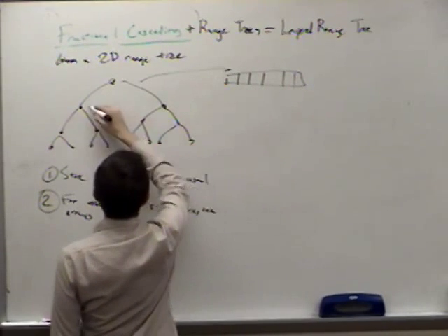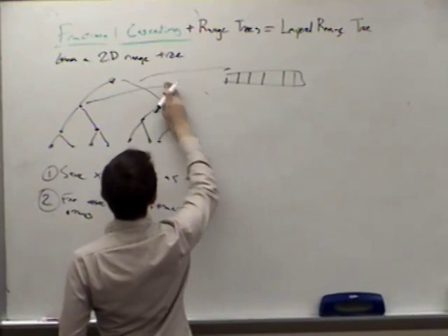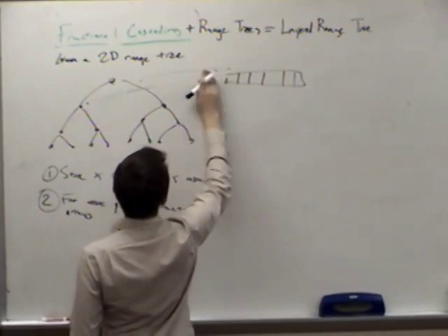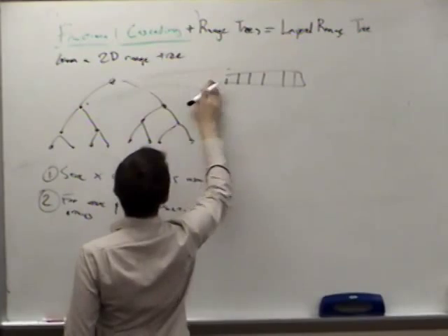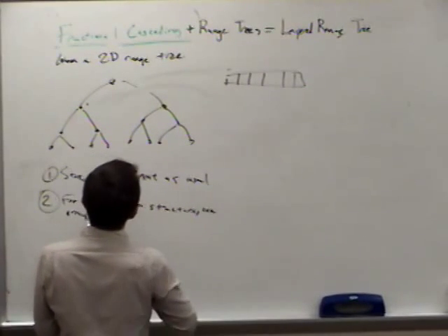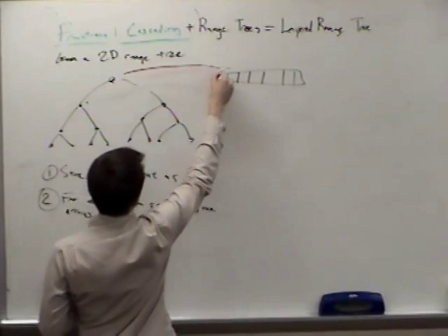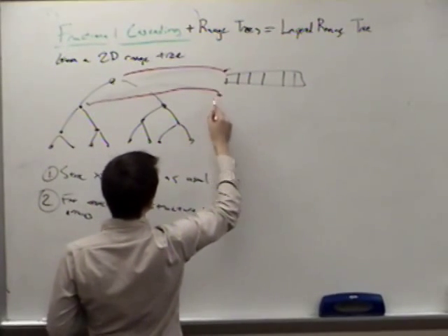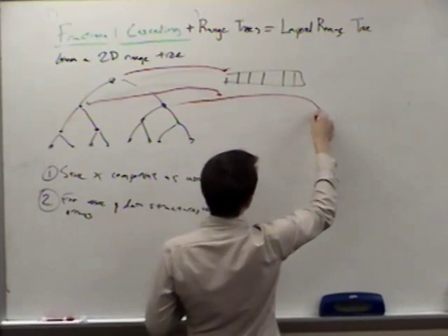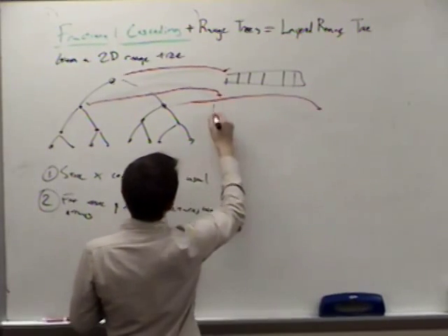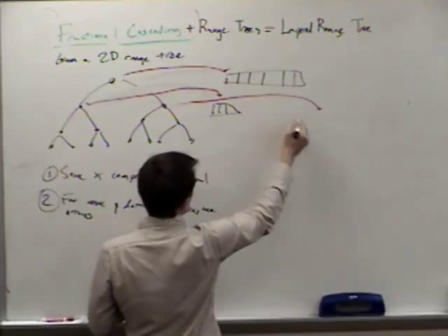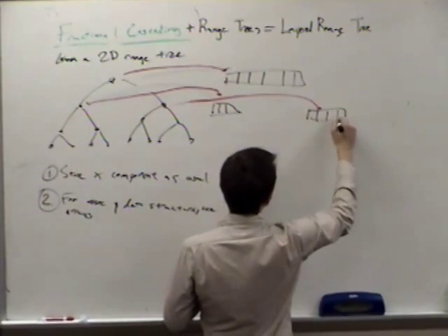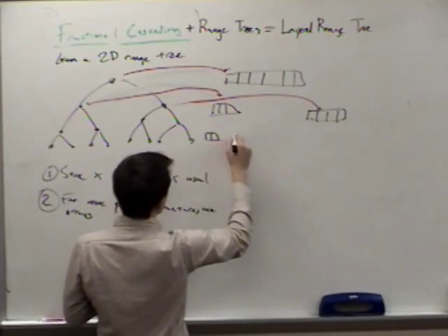This is our associated array. Actually, let me draw these arcs in a different color, just so it doesn't get too confusing. So we'll say we have a couple more arrays like this, and some arrays on the bottom.